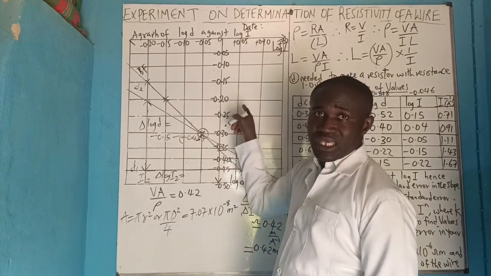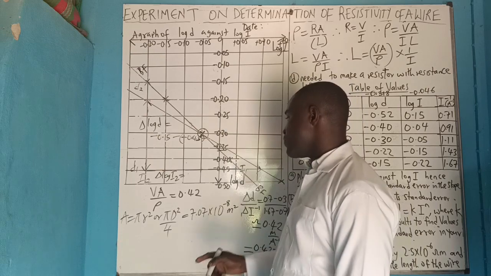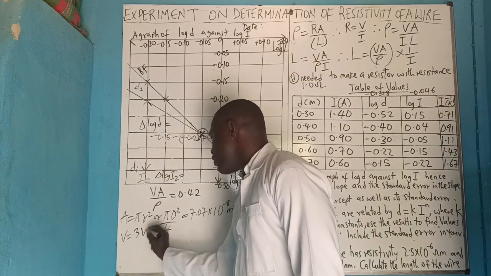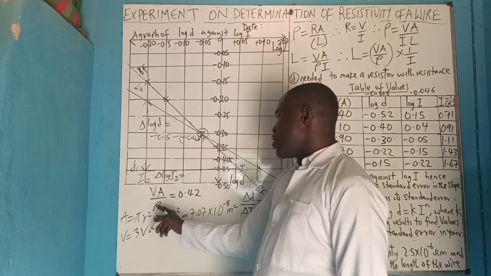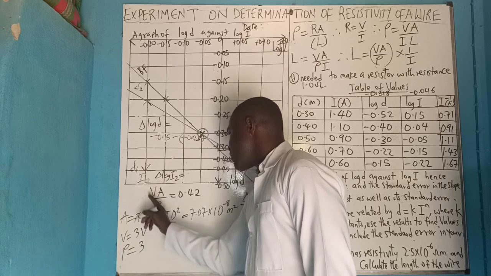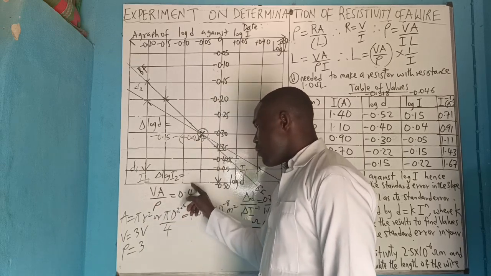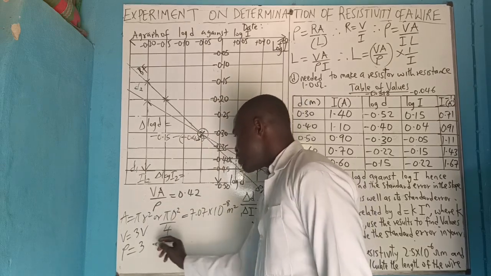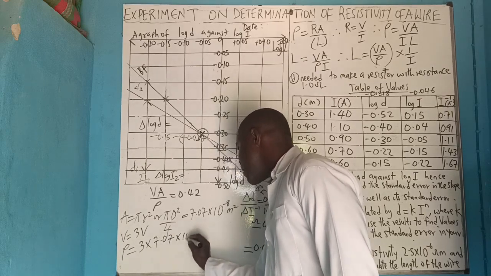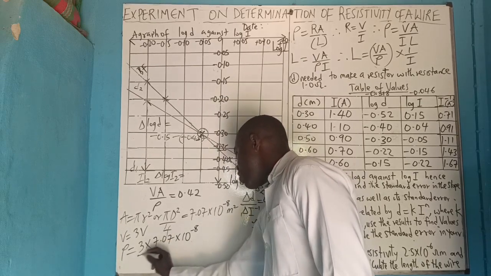We did it in the starting part of this video. Then the voltage was given to be 3 volts. Then make your resistivity subject of formula. Resistivity will now be equal to 3 times 7.07 times 10 raised to power minus 8 all over 0.42.